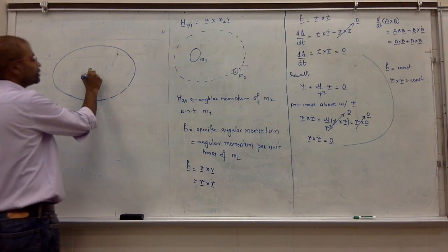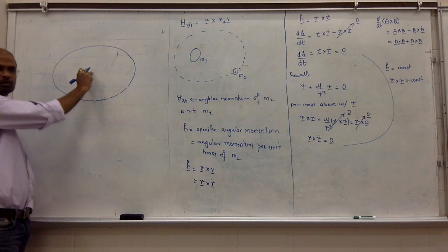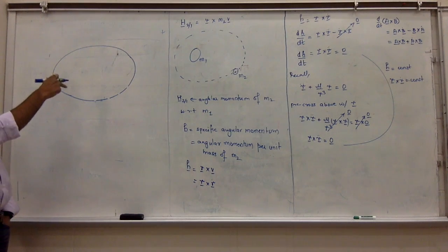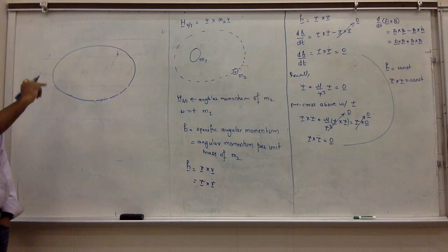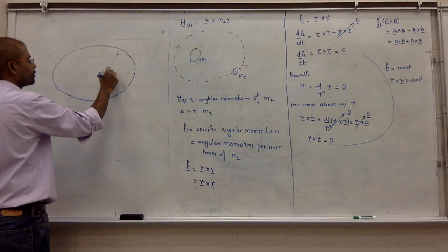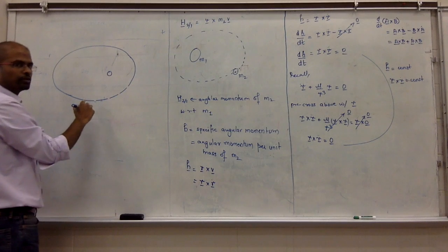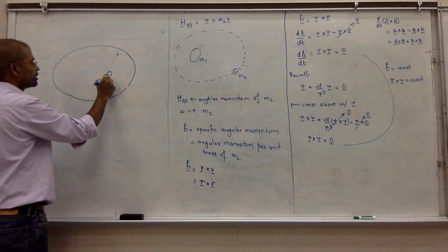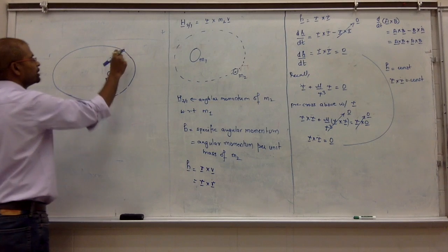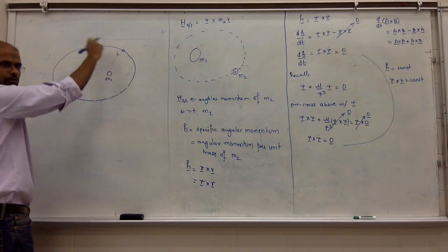It won't be here. Don't put the central body at the center. There's nothing at the center, always remember, unless this is a circle. It's always at one of the foci. So the central body is here. Let's say this is M1, and the orbiting body is going like this.